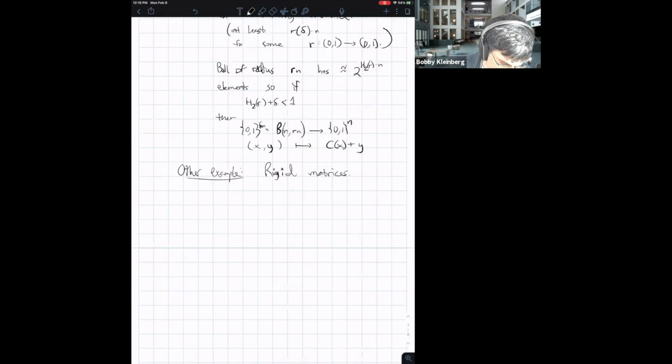A lot of these applications of the union bound correspond to probabilistic proofs with constant success probability.